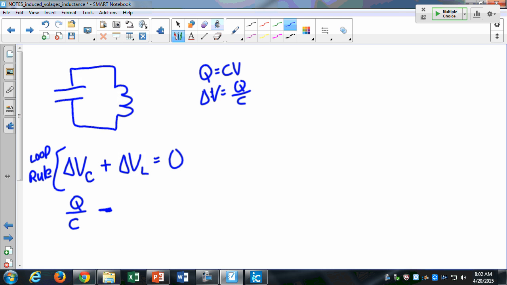I remember EMF of the inductor, L times something. Right, dI dt. Remember, your EMF of the inductor is greatest when the current is changing the most. So this is L dI/dt. This is equal to 0.